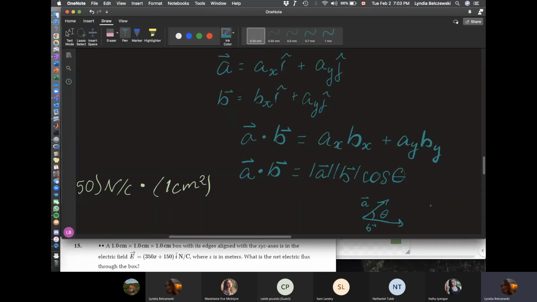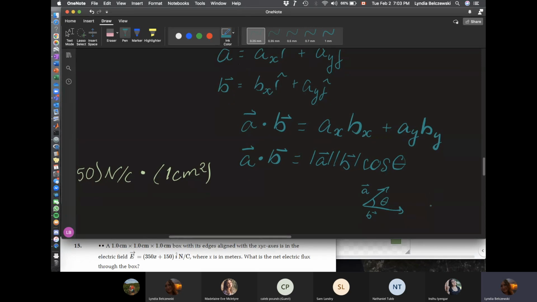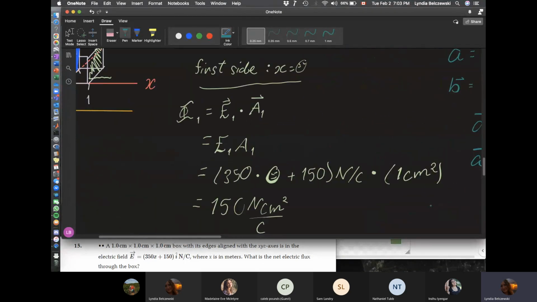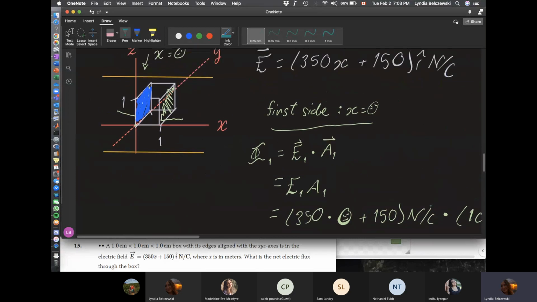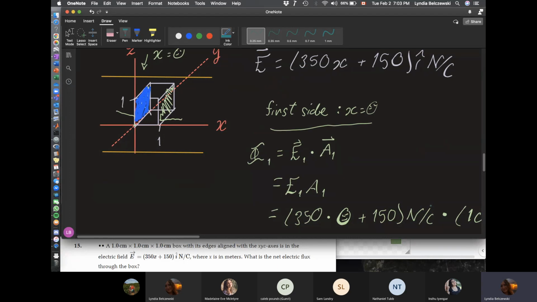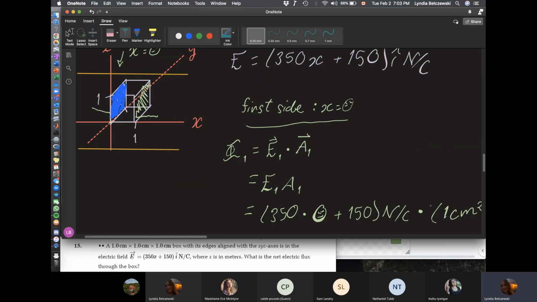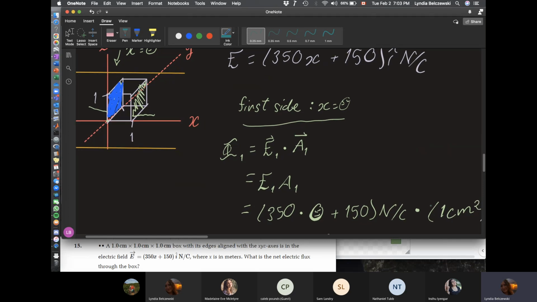In the examples that we were doing, the area vector, which is perpendicular to the area itself, is in the same direction as the electric field. Back to the diagram here, the side was facing the x direction and the electric field was also in the x direction. Since they were in the same direction, the angle between them is 0.